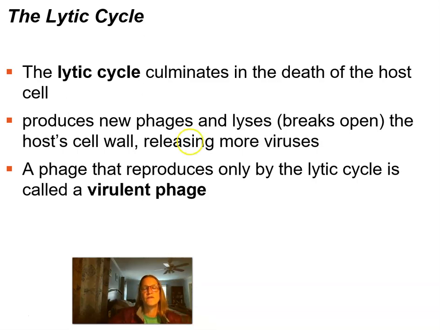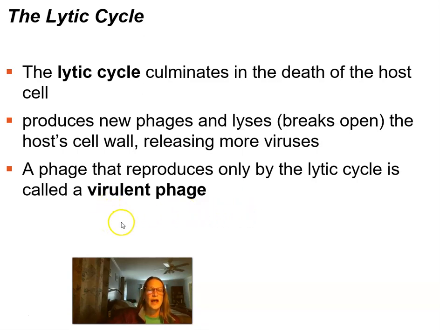When the new viruses break out of the host cell, the host cell breaks apart, or lyses, and the host cell is killed when that happens. So that is called the lytic cycle because of the lysis of the host cell. Again, the lytic cycle culminates in the death of the host, and that occurs when all the new viruses break through the host cell.